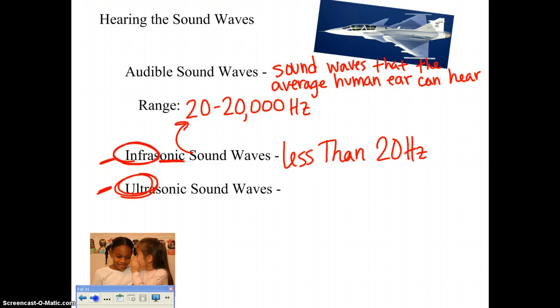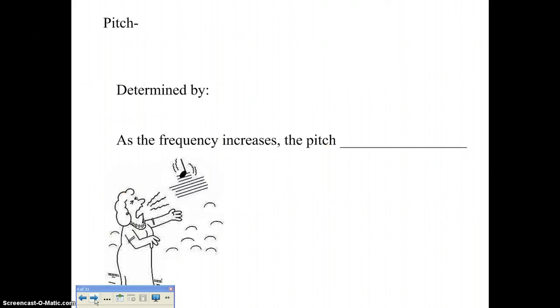In chapter 12, we're talking about sound waves. So ultrasonic waves are going to be waves that are registering at more than 20,000 hertz. So whispering, for instance, would obviously be infra.